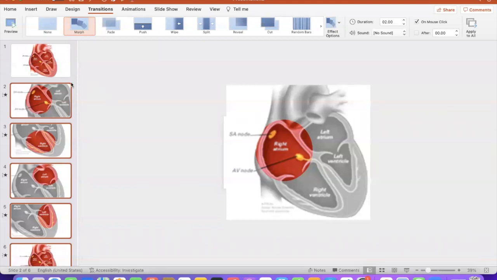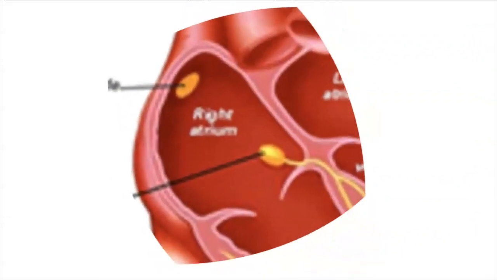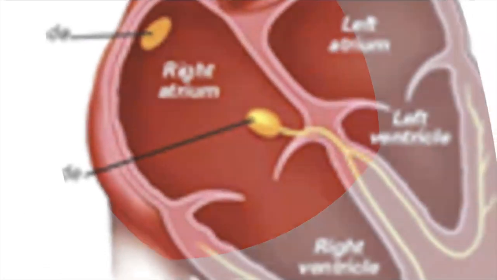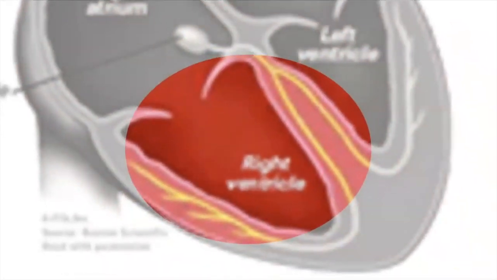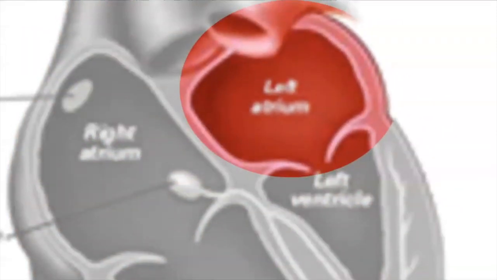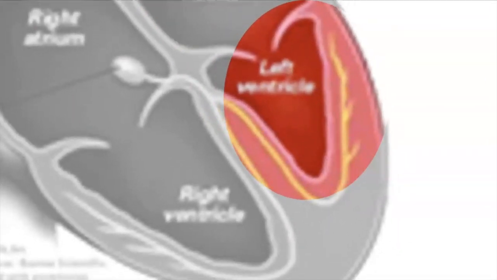So I will show you this slide now. I'm going to do a slideshow now. So look at it. Right, the heart is a beautiful organ. And blood flows from the right atrium and onto the right ventricle. From there, it's pumped to, of course, wherever, and then it comes back to the heart through the left atrium, and then the left ventricle, from where it moves to the rest of the body.